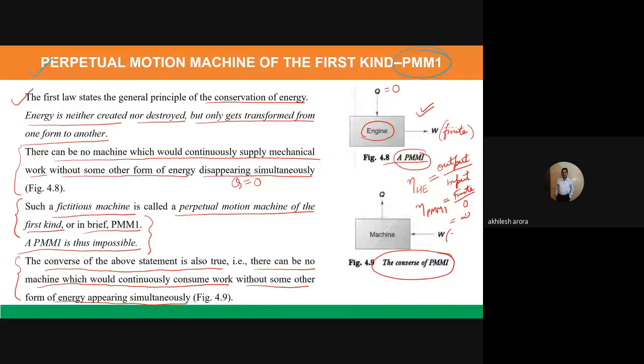Suppose we are supplying some finite amount of work, and the value of Q is zero. This is also not possible. If this is machine one, then machine two is the converse of machine one. So both are impossible.